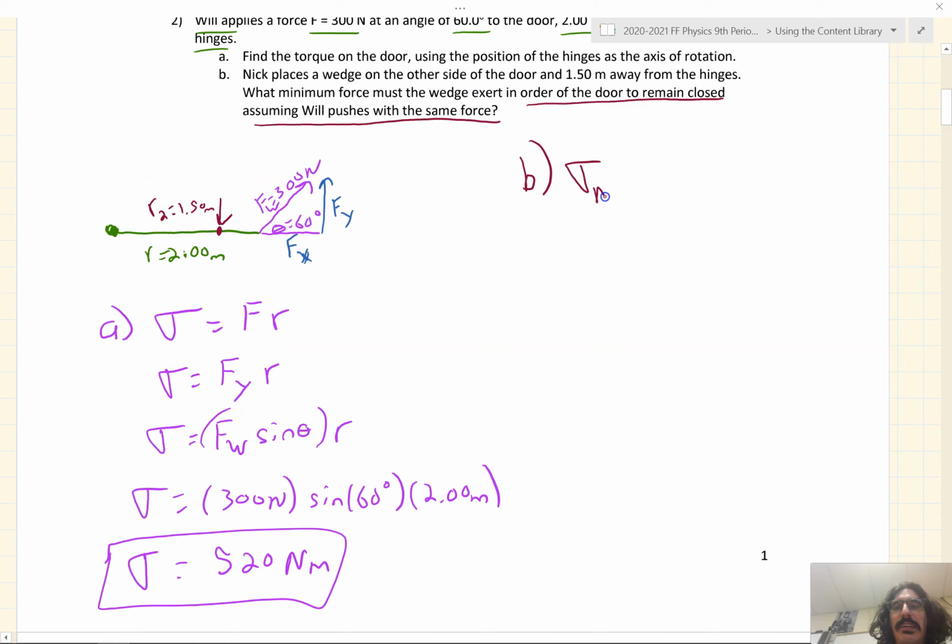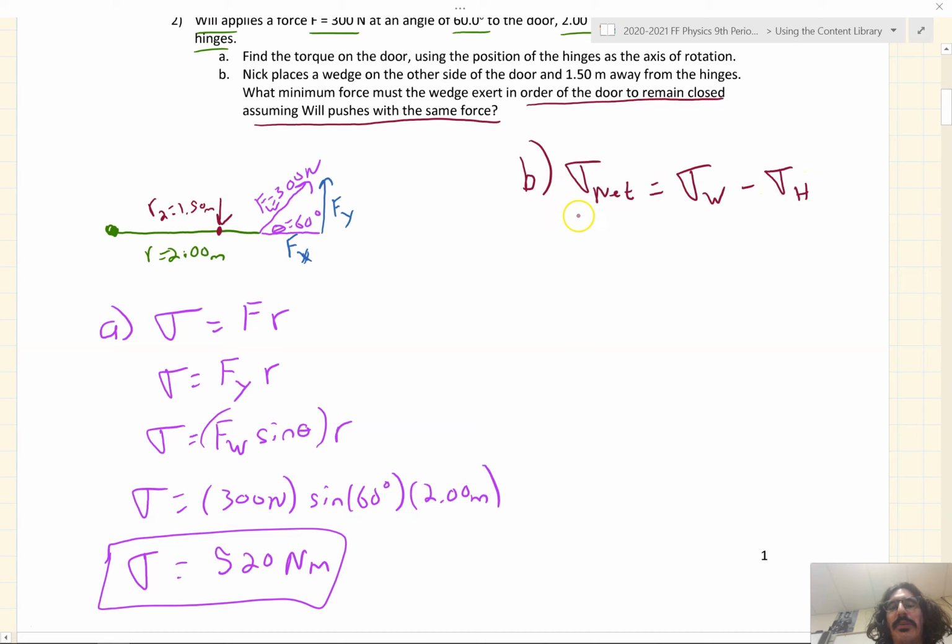So we say the net torque is going to be the torque of Will going upwards and the torque of the hinge, or the wedge, going downwards. I'm going to say that we have the torque of Will minus, we'll include the negative here because it's going in the opposite direction, the torque of the hinge.